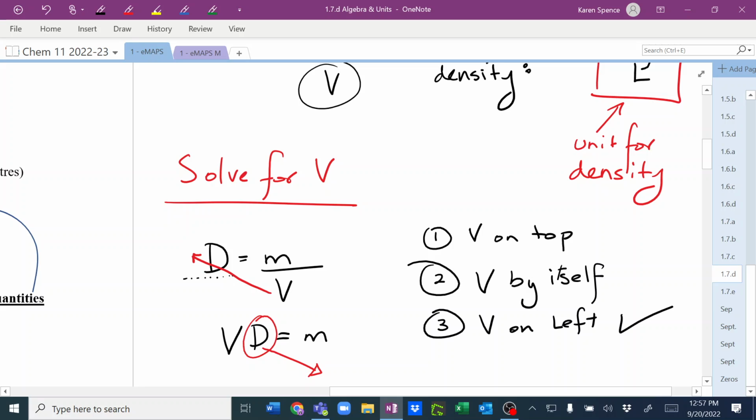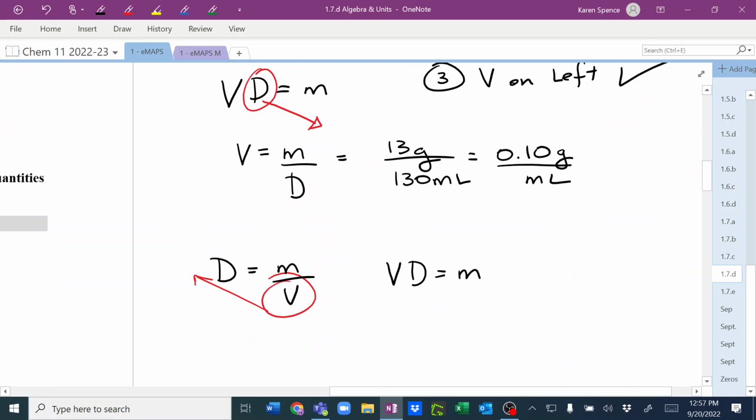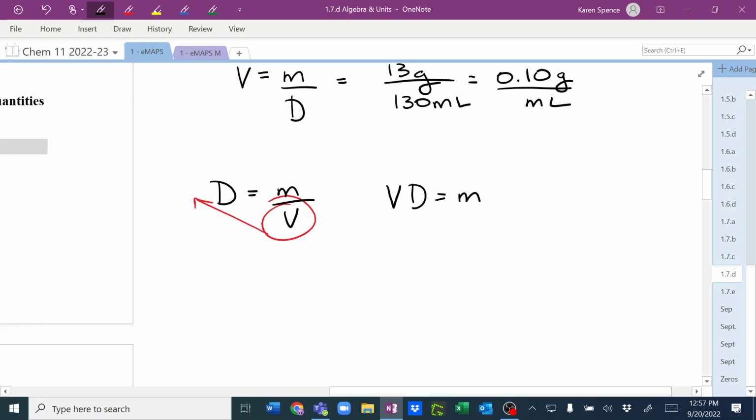What can you do if M is on the right and the other stuff's on the left? Just switch the whole thing, right? Just flip the whole thing. So you can then say M is equal to V times D.